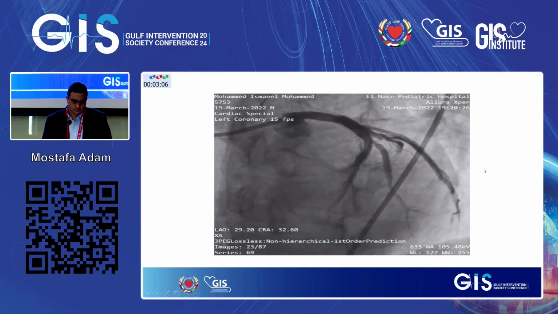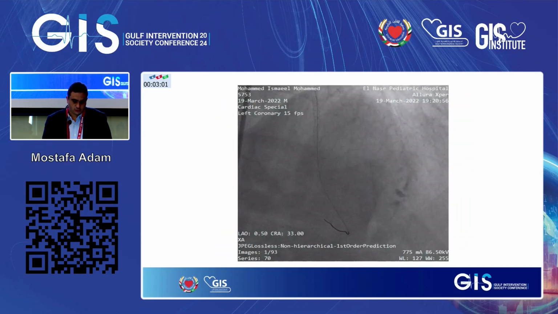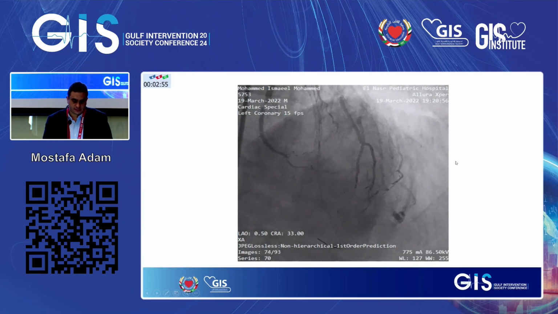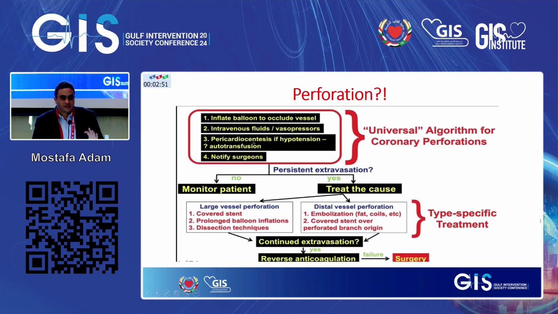Is this okay? We have a distal wire perforation in the diagonal, and the patient starts to collapse. This is the algorithm for how to manage coronary perforation: prolonged balloon inflation, IV fluid, pericardiocentesis, or surgical notification.